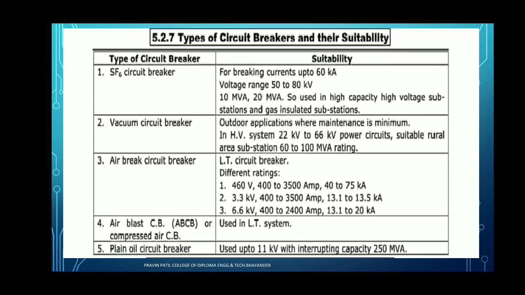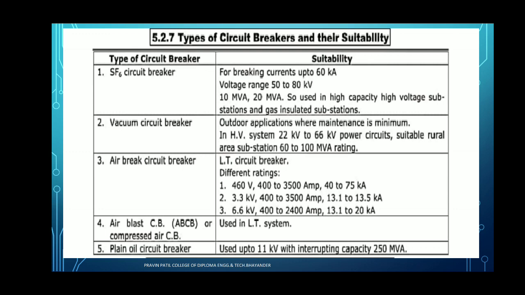Next, the air blast circuit breaker, that is ABCB. ABCB means air blast circuit breaker, and another name for the air blast circuit breaker is the compressed air circuit breaker. It is also used in LT systems, that is the low tension systems, and the features of the air blast or compressed air circuit breaker are the same as the air brake circuit breaker.